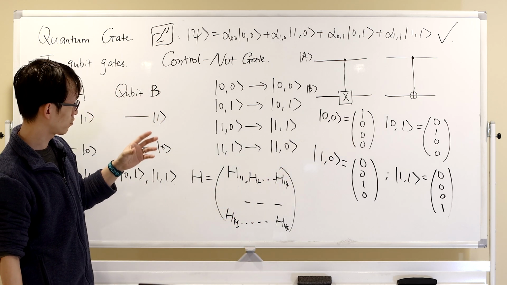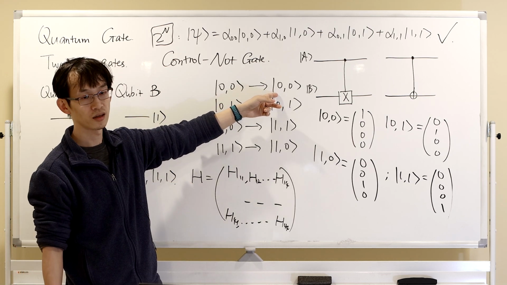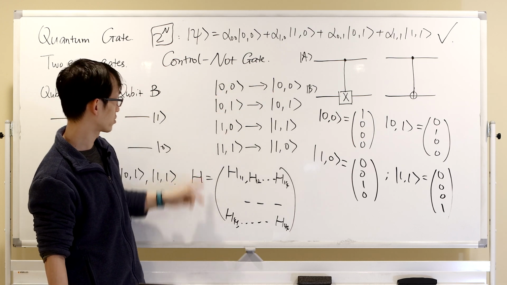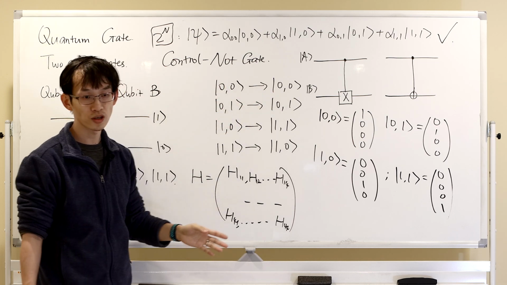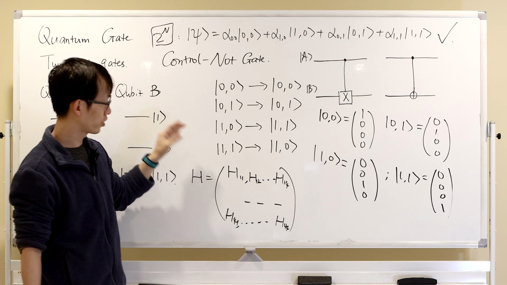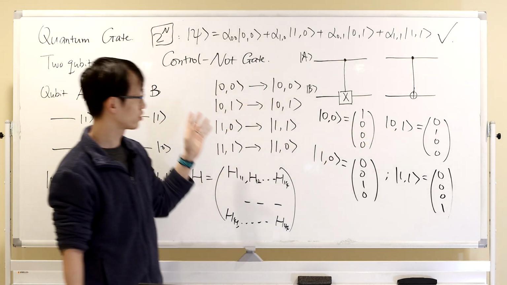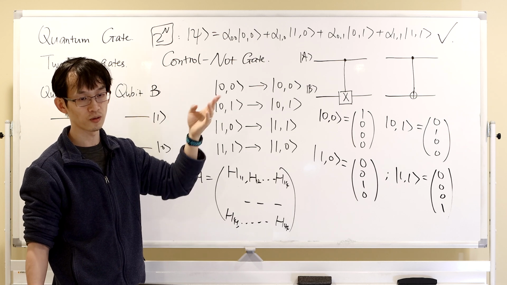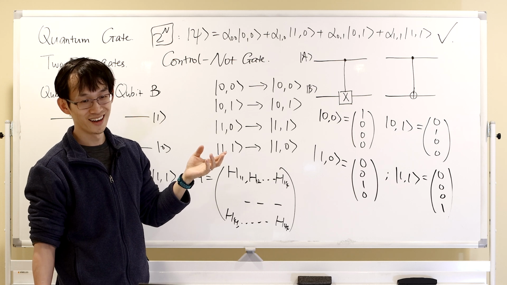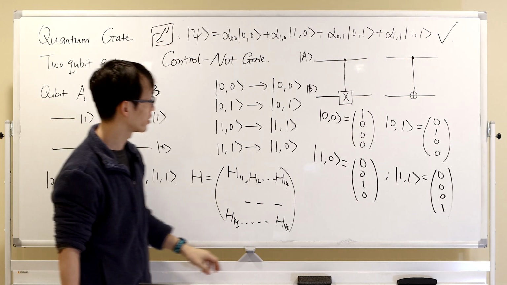If you want to calculate this, you apply H on this equal to that, H on this equal to that, and then you have 4 matrix equations. For each vector equal to another vector, you will have 4 equations because it's a 4x1 vector. So in total, you will have 16 equations, and then you can solve them. It's actually not that complicated in this case.